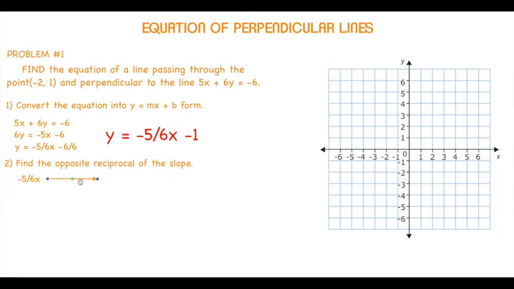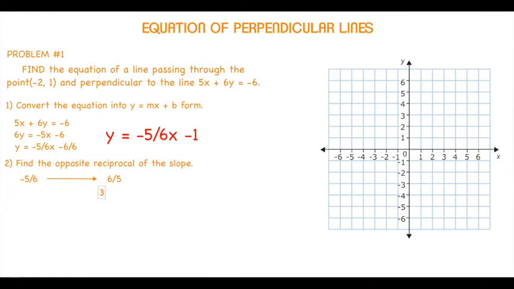Then we switch the numerator and the denominator and multiply it by -1, then we get 6 over 5x. But don't forget, the slope is just the number in front of x, so we get -5 over 6 is perpendicular to 6 over 5.